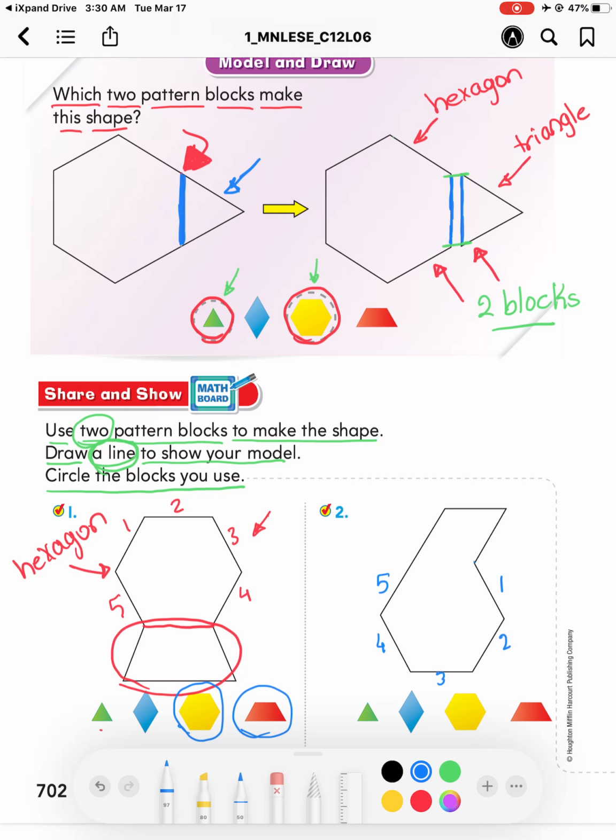So let's create the hexagon using this line. So this is side number 6. What is this shape? Excellent! I can hear you saying it's a rhombus. So here we will circle the hexagon and we will circle the rhombus.